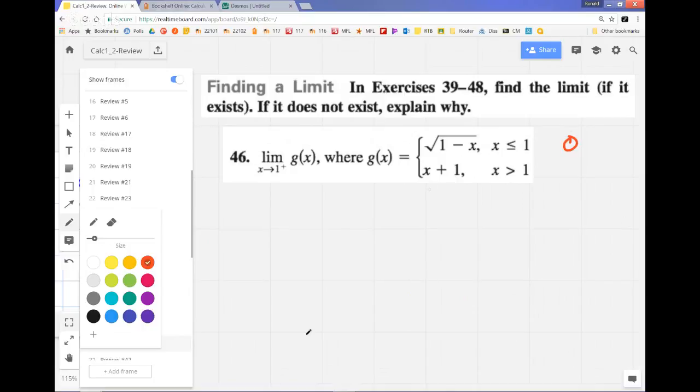How about the right side? Can you plug in a 1? Yeah. So the left and the right-hand limits do not agree, and you can see that when those limits don't agree, it does not exist. So you could just say here, explain why the left and the right-hand limits do not agree.